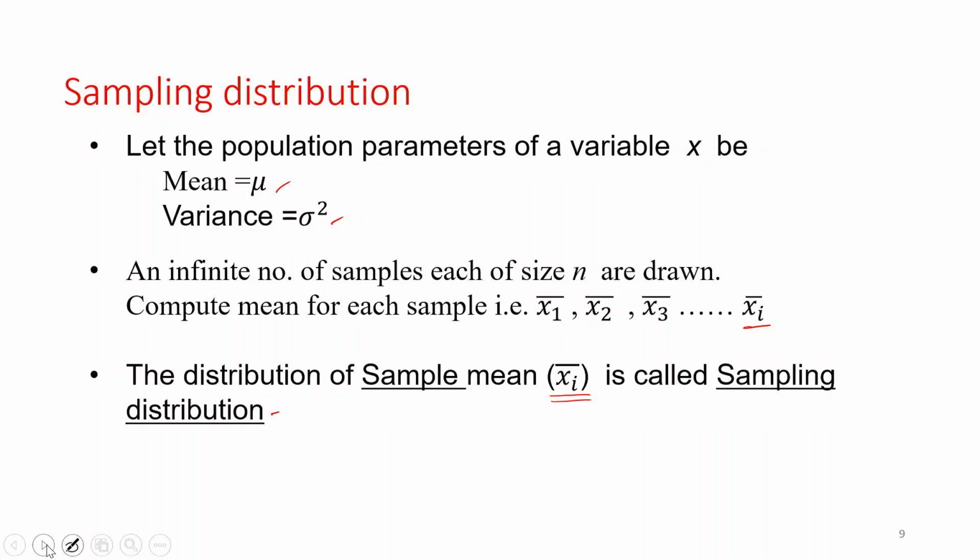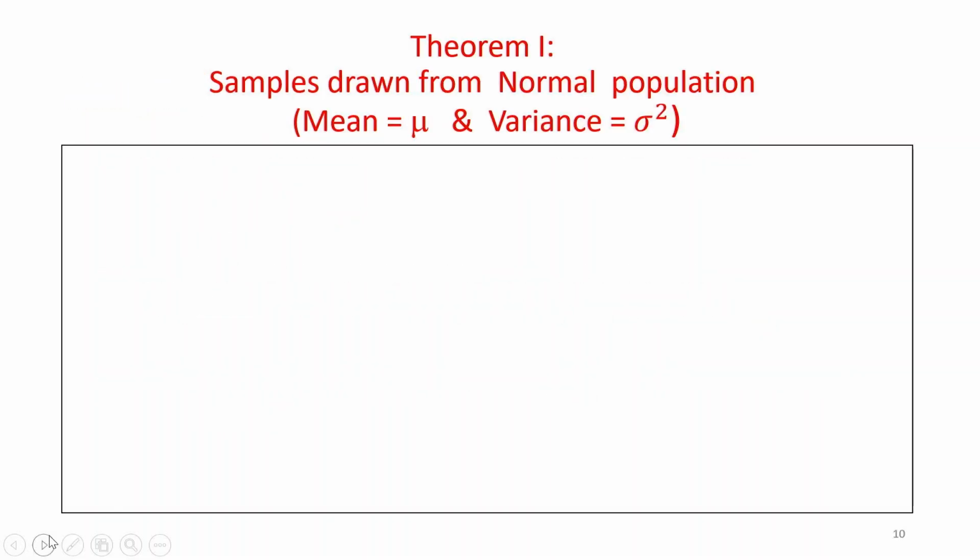So, theorem 1 states that the population is normal. So this is the first assumption. And samples are being drawn from this population, and the population mean is mu and the variance is sigma squared.